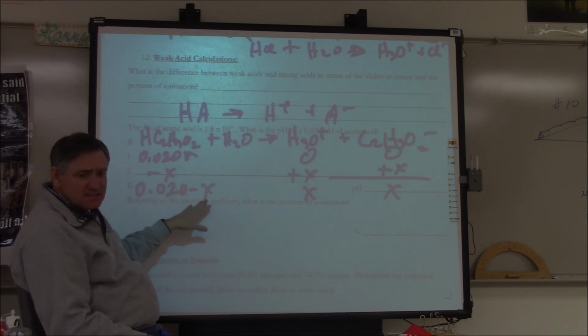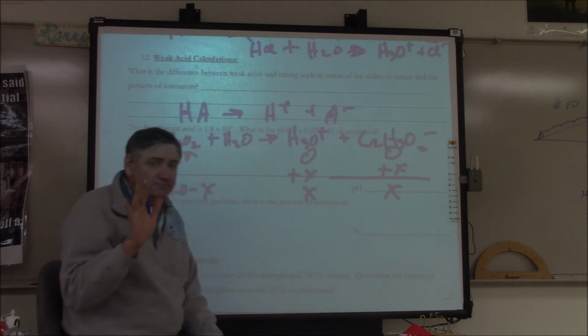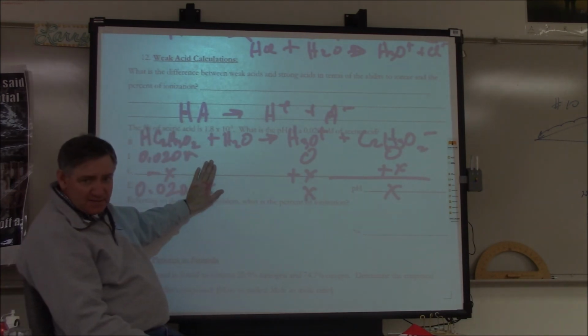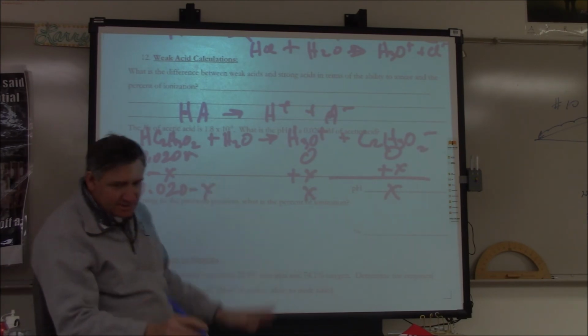So technically this is minus X, but unless I specifically tell you to worry about it, don't worry about this X. It's not there, okay? Just act like it's not there. Unless I tell you to worry about it, don't, okay? Which we'll get into later.